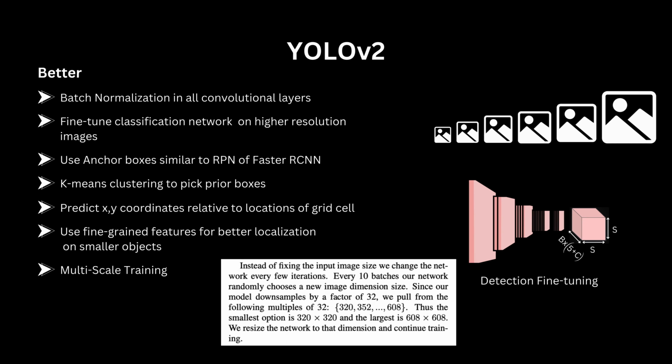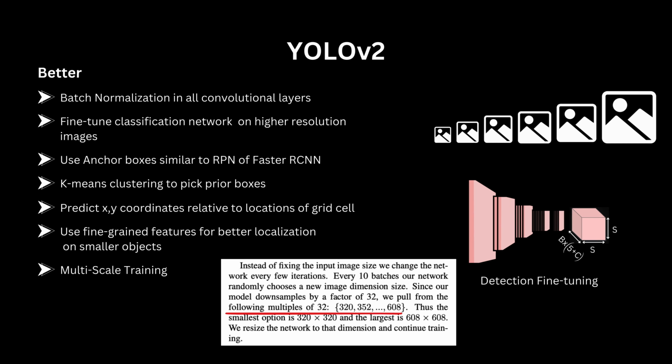Every 10 batches, YOLOv2 picks a new image dimension size from a pool of sizes and resizes all input images fed to the model during training to this new image dimension. This way, we end up with a model that can detect objects from various input image sizes.